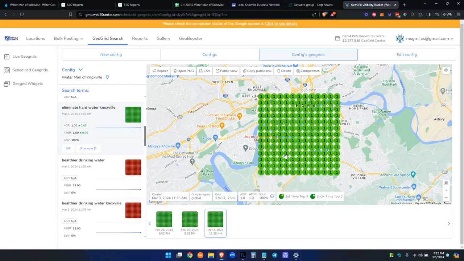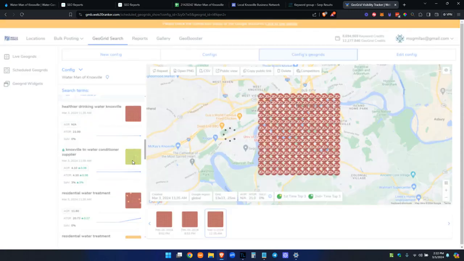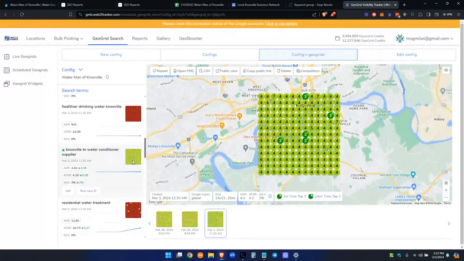And I would say we see the most obvious movement again on the keywords that weren't ranking at all. I think some of these, like eliminating hard water Knoxville, had some fluctuations where they weren't number one previously. It's not loading there. But yeah, they weren't number one previously, now are number one. Some of these we aren't seeing any movement for.